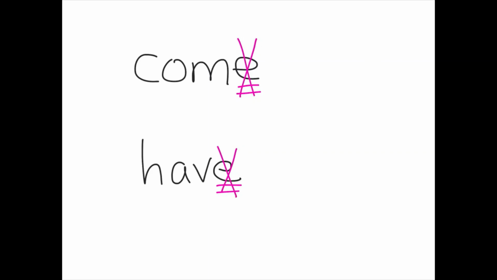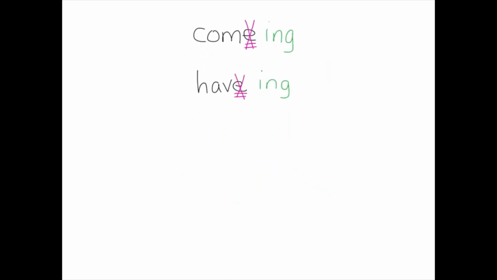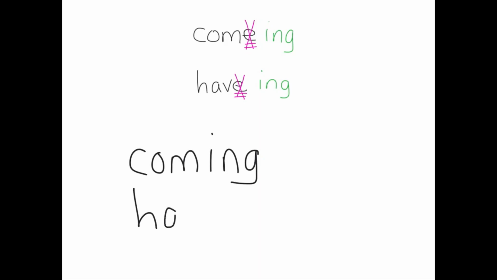So this word would become coming, and this would become having. So what it would look like is this. C-O-M, we erase the E and add ing, and with having, we erase the E and we add ing.